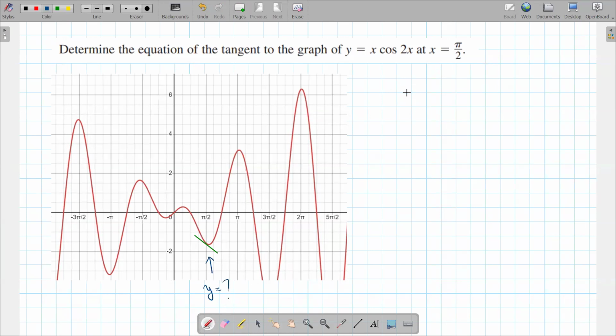What's the equation of a straight line in the general form? Straight lines are always y equals mx plus b. Sometimes it's called mx plus c, but it's not important. It's always going to be in this form. This is called the slope-intercept form. Some books, some teachers like to use the slope-point form.